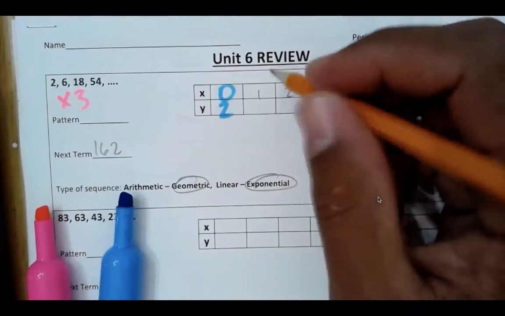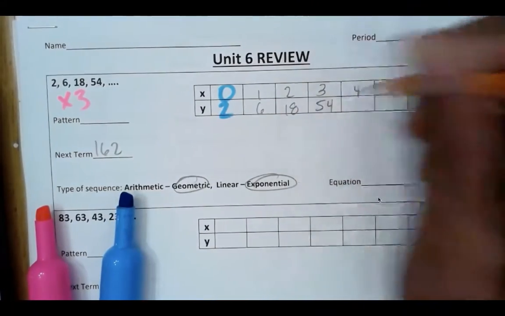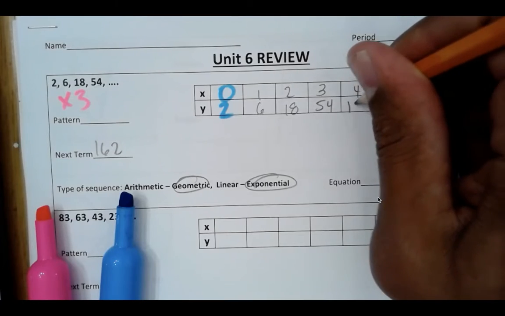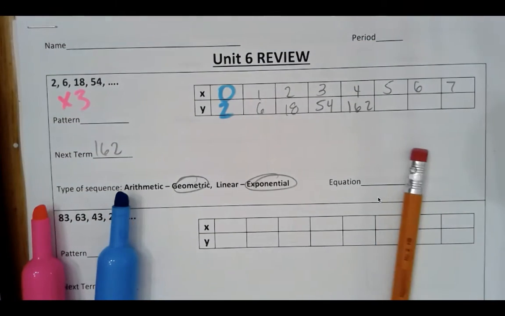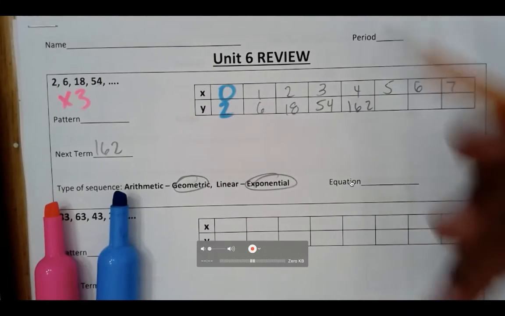Okay, and then after that, we're just going to keep on multiplying. So 6 times 3 is 18, times 3 again. We're just going to keep on multiplying by 3 here. And I'm going to bring out the calculator so we can go ahead and do that. So we're going to do times 3 again. So 486 is the next one.